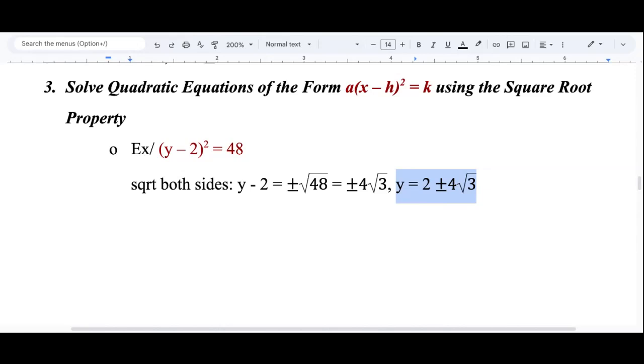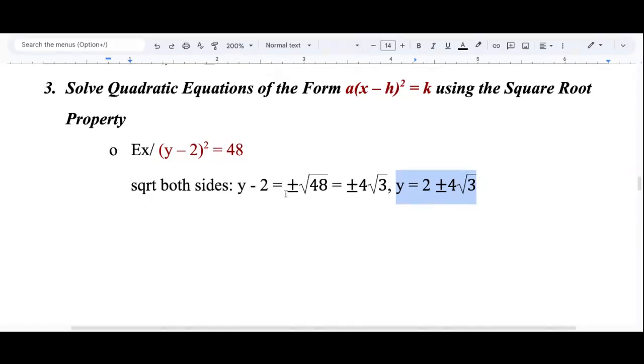Yes, Kiana? But can't you square root the 4 as well, considering that it will be 2? Hold on a second. Which 2 do you want to square root? Okay, you see from here, we square root both sides. So this side becomes x minus 2, because square and square root cancel each other.